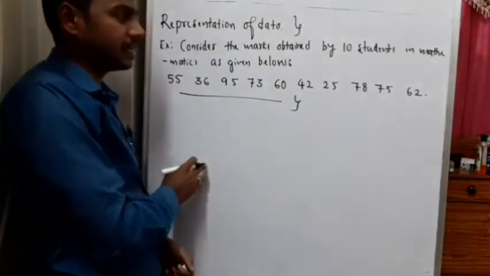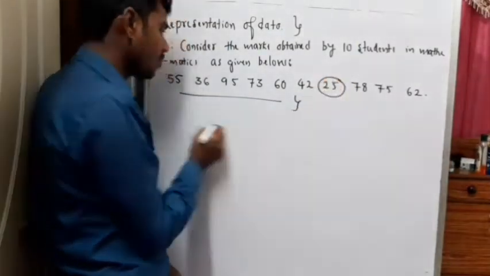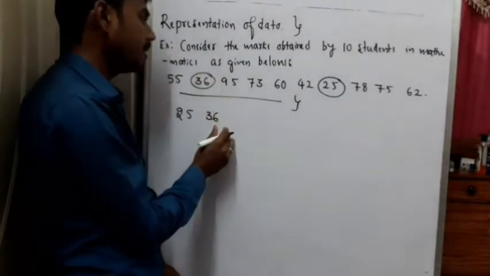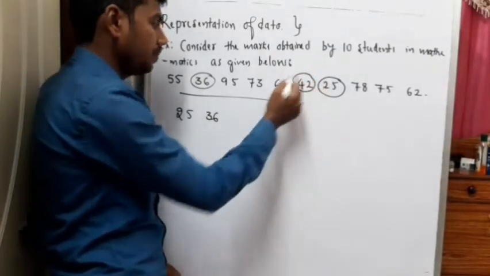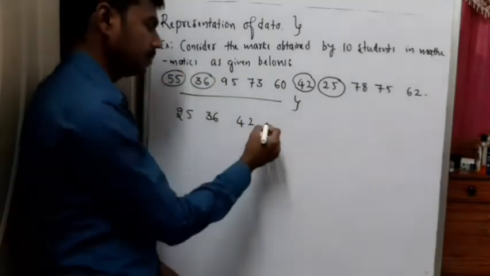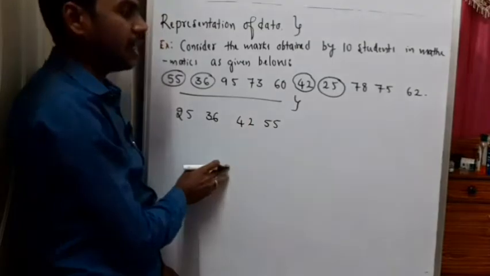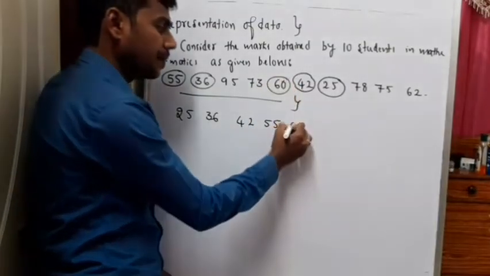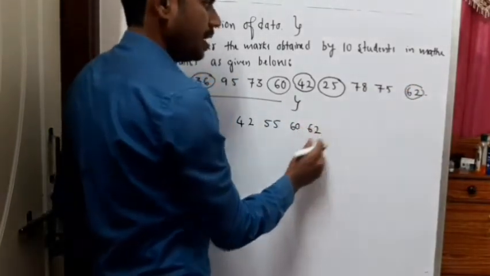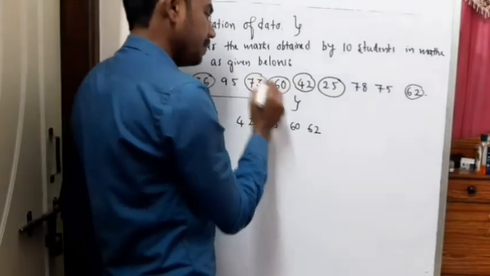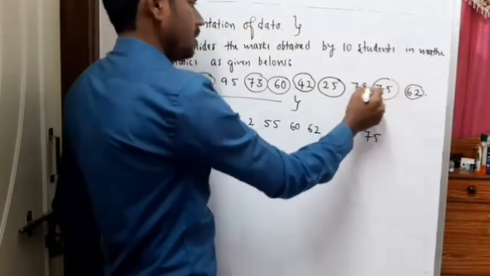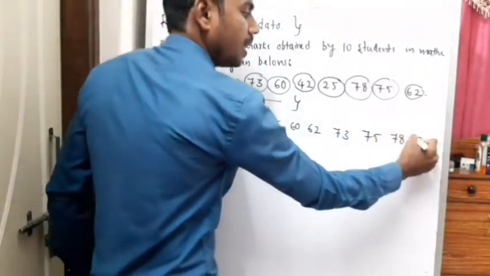If I arrange the data in ascending order, 25 is the smallest, followed by 36, then 42, then 55, then 60, then 62, then 73, then 75, then 78, then 95.